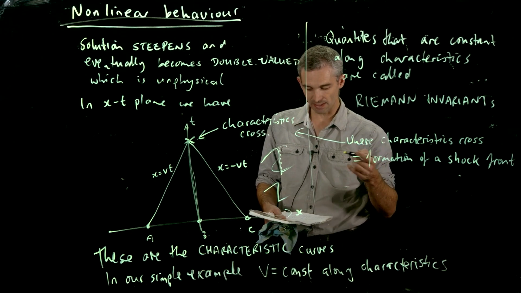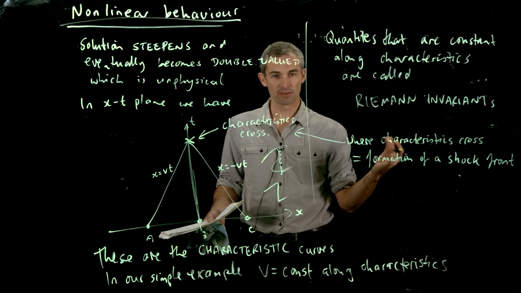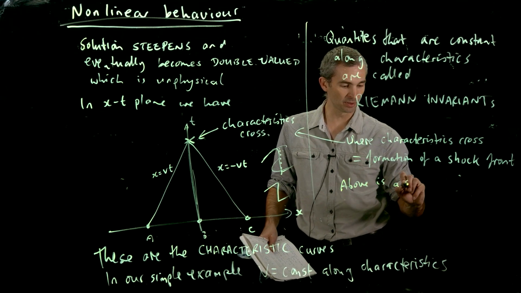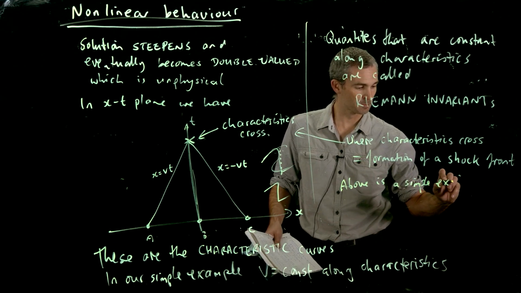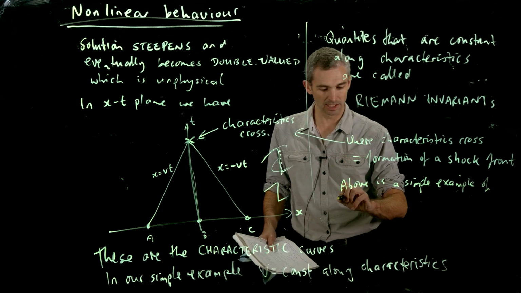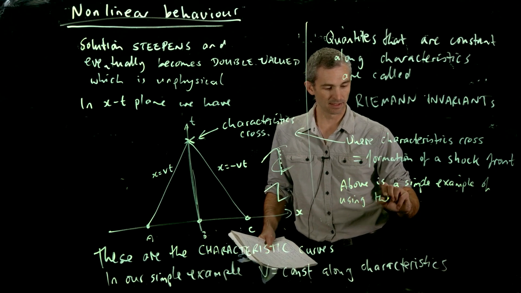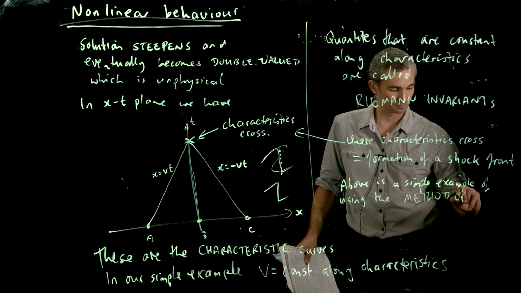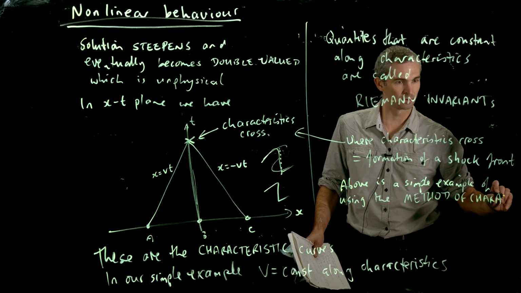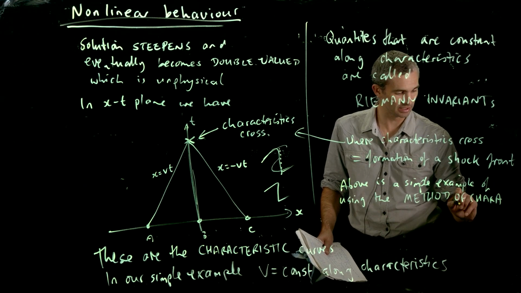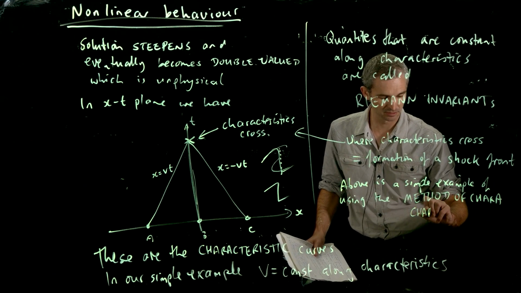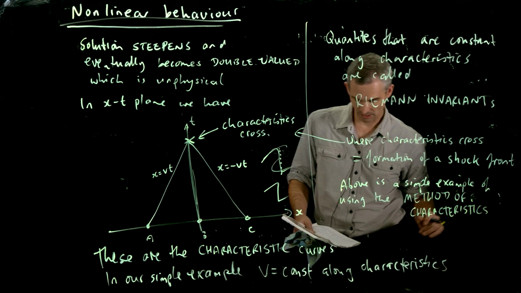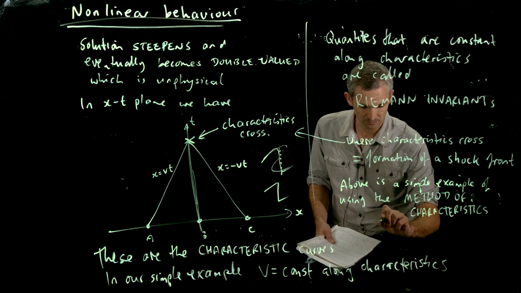And just a final aside: what we've just done by doing our simple dv/dt is 0 is an example of using what's called the method of characteristics to solve a PDE.